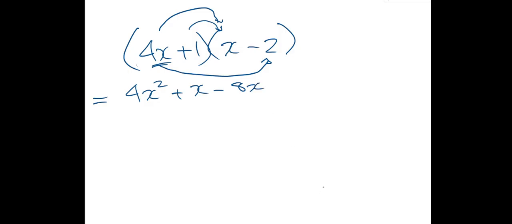And then 1 times negative 2 is -2. So we end up 1x minus 8x is minus 7x, and then the -2 comes down.